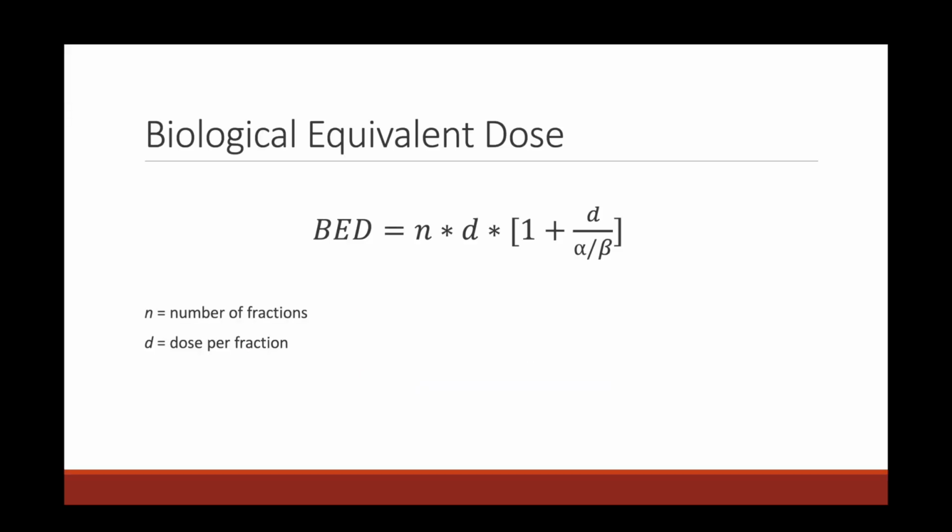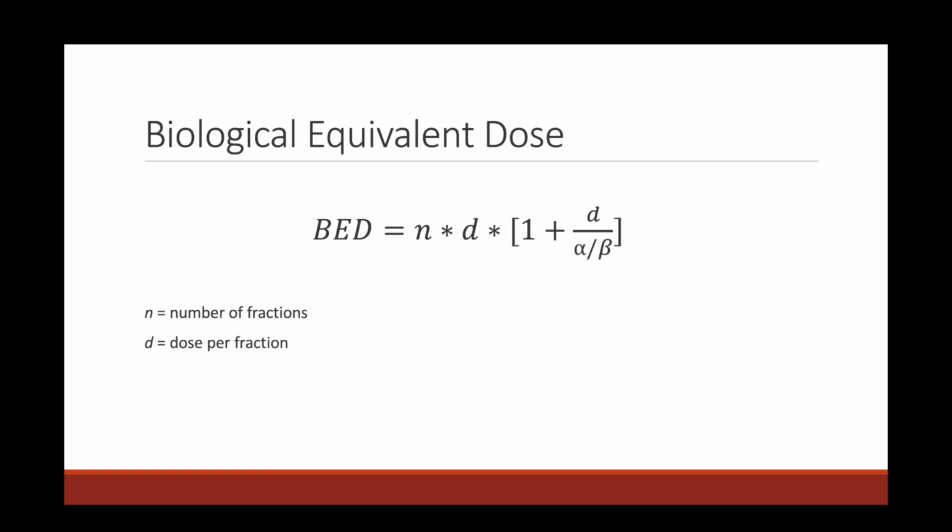And so finally, now that we have spent tons of time breaking down and understanding how the alpha-beta ratio works and what it means for tissues, we are ready to talk about the biological equivalent dose. Remember at the beginning we said that effective dose depends on many things, and 3 of those things are represented in the biological equivalent dose formula.